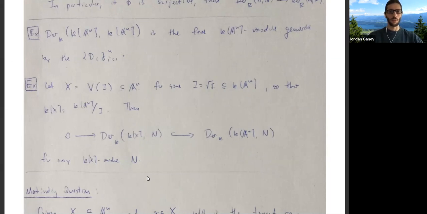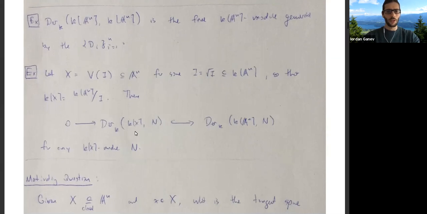We might as well assume it's a radical ideal. So in particular, the derivations from the affine algebra of this algebraic set to some module for the affine algebra are a submodule of the derivations from the affine algebra of A^n, so polynomials, into this module N.